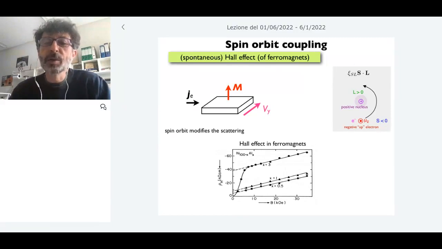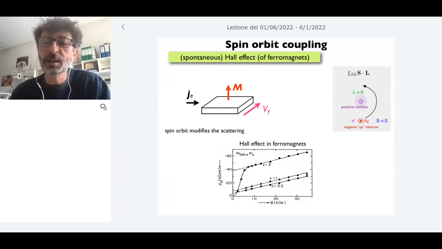This spin-orbit coupling, here we have no time to go too much into the details, is responsible for a wide number of very small effects. One of these effects is the Hall effect in ferromagnets. In ferromagnets, not only if you put a magnetic field do you generate a transverse voltage, but also without any magnetic field, if you have a magnetization that is perpendicular to the current. The Hall effect of ferromagnets can have very different signs.